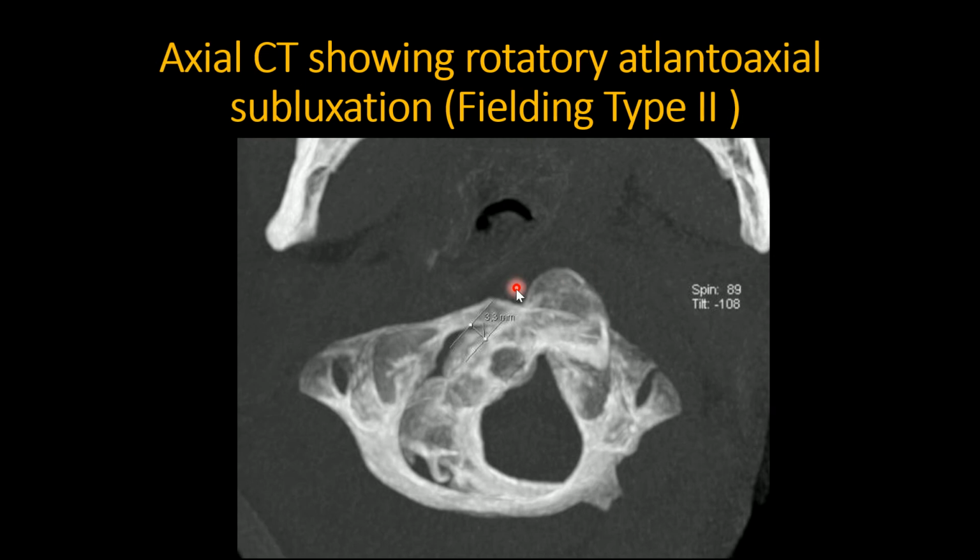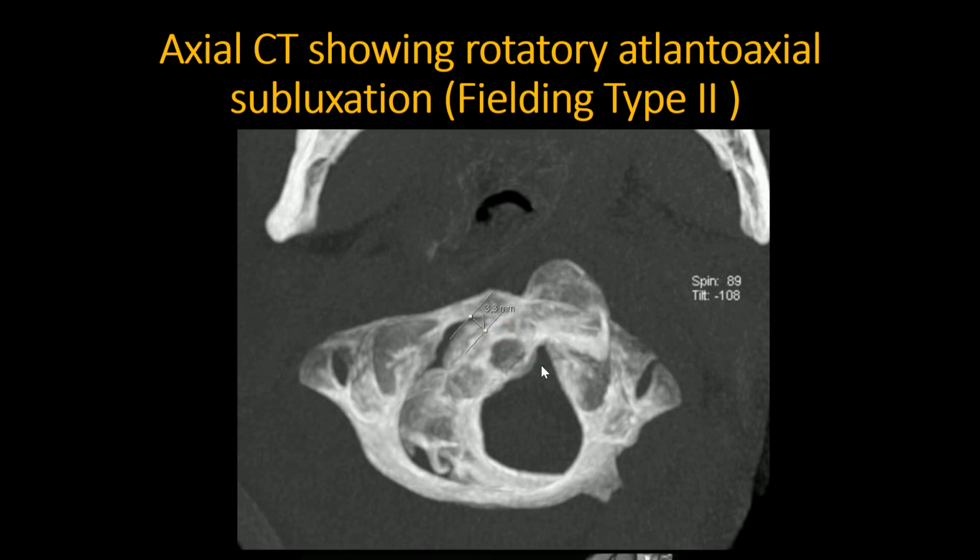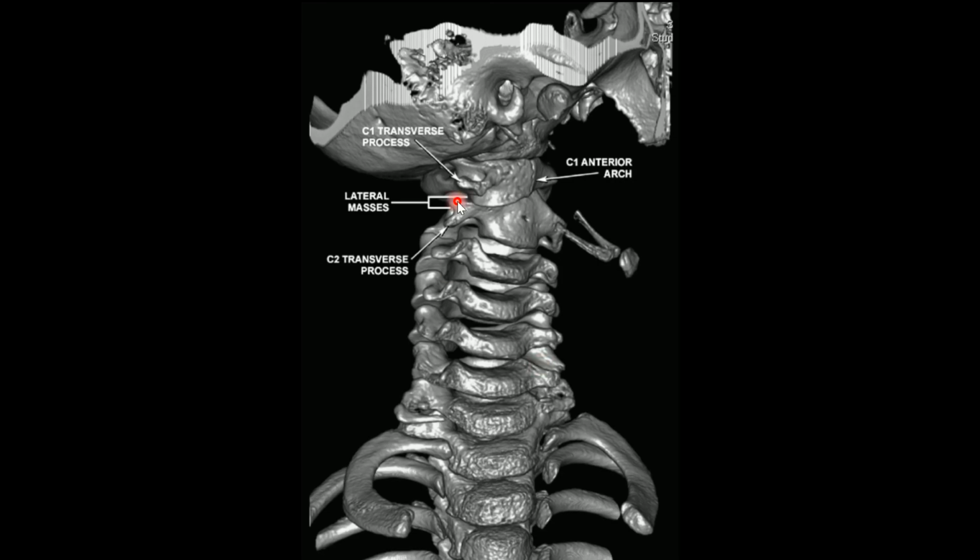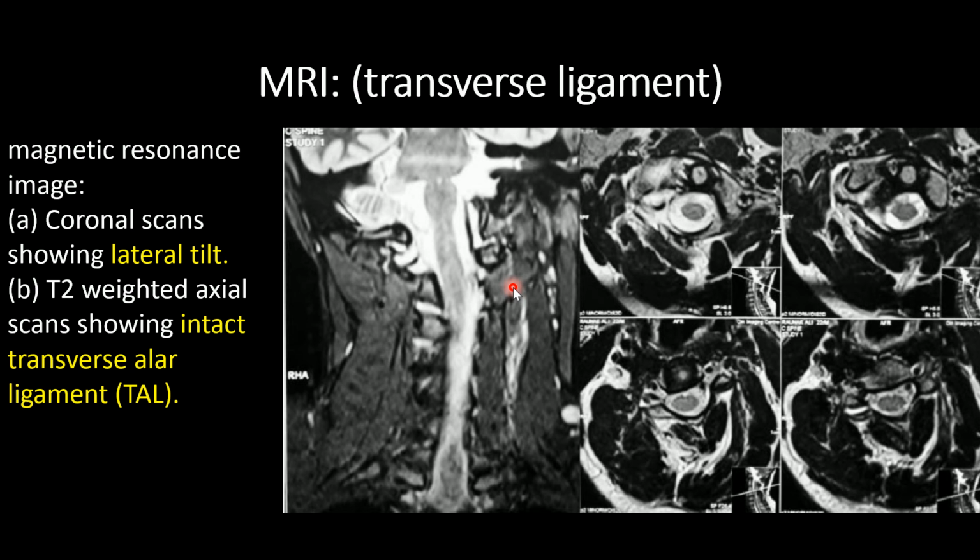Here in axial CT, we can see the rotation, and this one is Fielding type 2 because the distance is more than 3 millimeters, 3.3 millimeters. Here we can see in 3D view the atlantoaxial rotatory subluxation. Here's the MRI: the coronal MRI shows the lateral tilt and the axial MRI shows an intact transverse ligament.